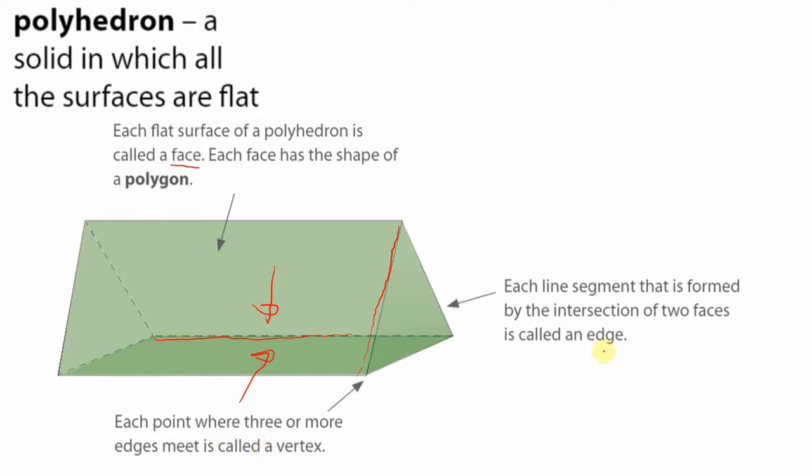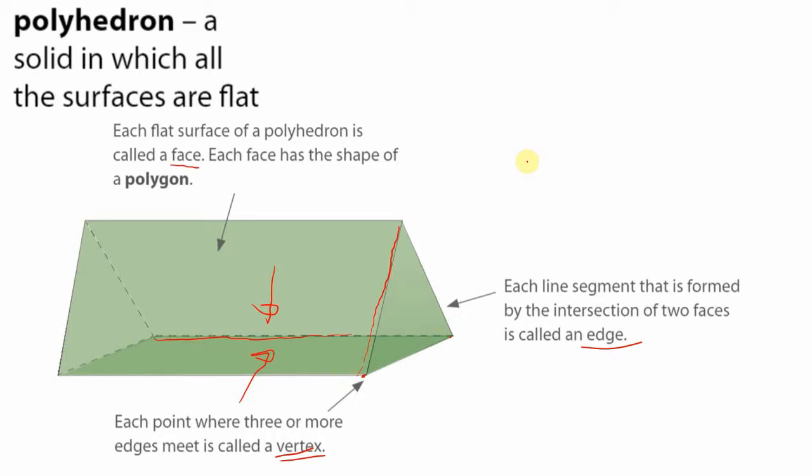And then, other than edge, the third aspect that we need to know is a vertex. A vertex is in fact where 3 or more edges meet. So for example, here we have a vertex. We have 1, 2, 3 faces meeting.